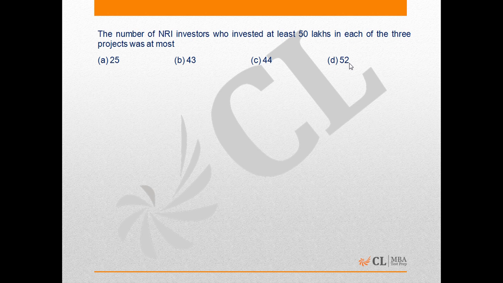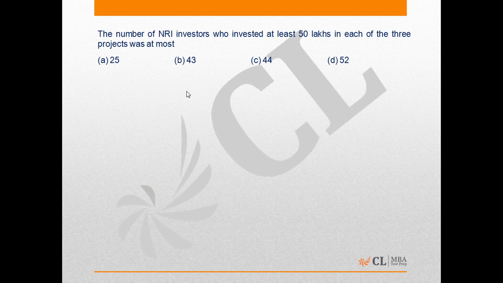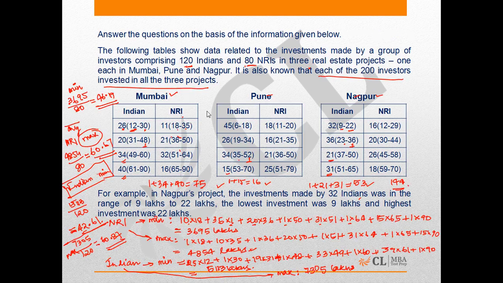Let's look at the next question. It says the number of NRI investors who invested at least 50 lakhs in each of the three projects was at most. So we have to calculate the maximum number of people for at least 50 lakhs for NRI. So let's calculate for Mumbai with at least 50 lakhs.